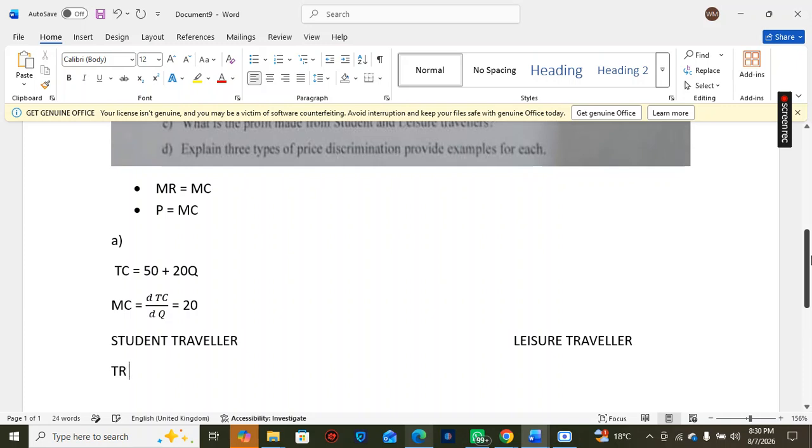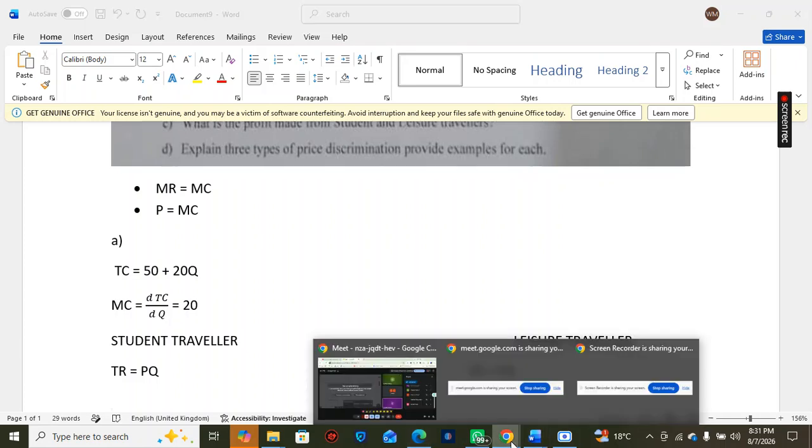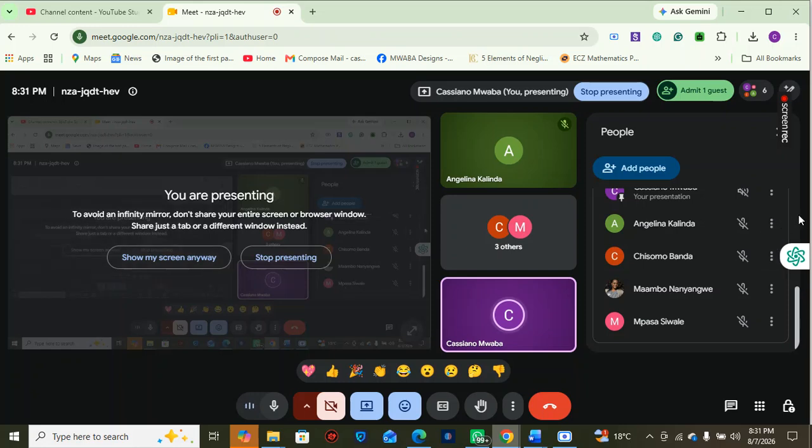Remember, total revenue is price times quantity, P times Q. So we get the total revenues for both types of travelers.